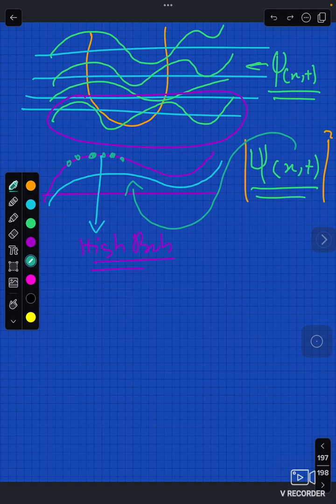Or wait, if I write it in terms of this over here, it will be like this, and here less probability. Okay, so now you will be wondering, where is the ladder operator and why is it a ladder operator, which is the creation and annihilation operator.